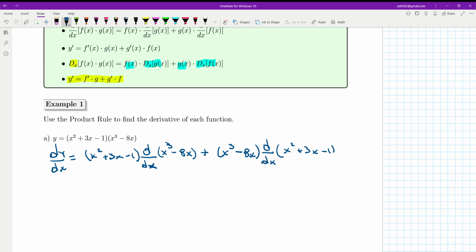So let's indicate it like this for now, because again we're doing this for the first time, but later we're just going to do this on the fly, f prime g plus g prime f, in a simpler way.